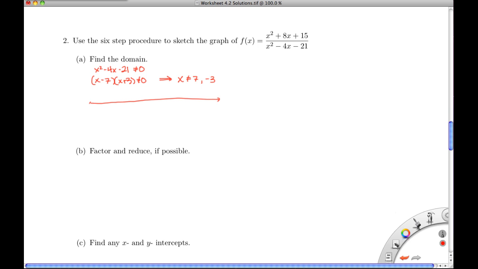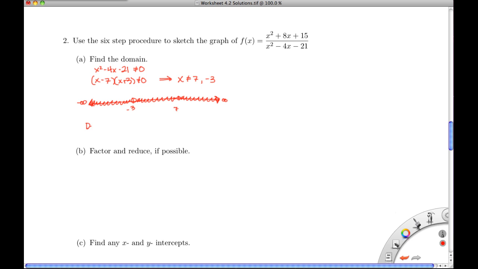If we sketch this out, we've got our slightly not quite straight real number line here, and we want to exclude negative 3 and positive 7, so we don't include them. But we will take everything else into the domain of this function, everything in between and then to the far ends of the x-axis.